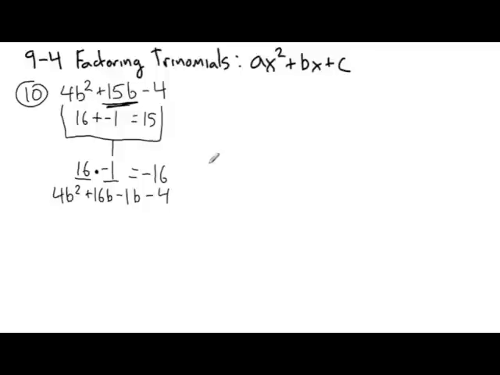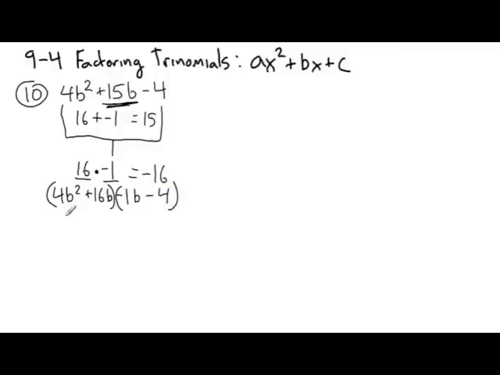Now that we have four different terms, the only thing we can really do is group them. I'm going to group 4b squared plus 16b, because they go together really nicely, and I'm going to group -1b minus 4. They go together as well.